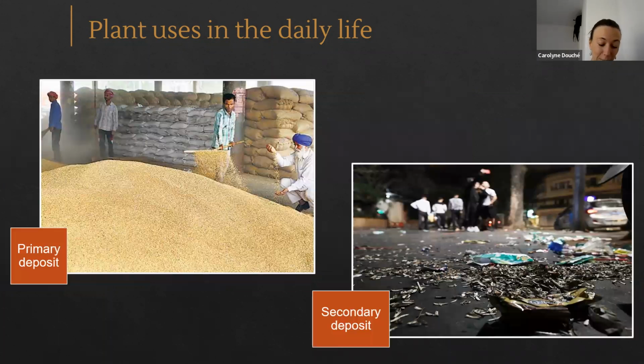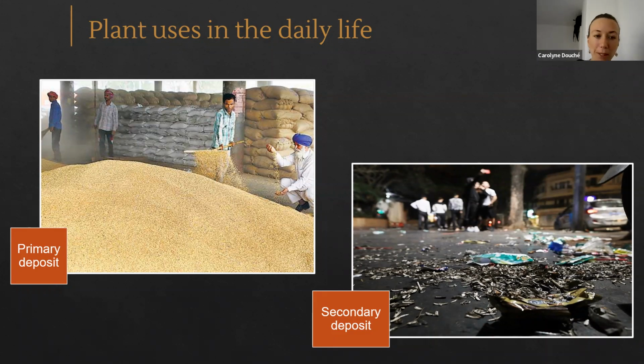So as we can see, plants can be associated with a wide range of uses, and depending on when we are catching the story, interpretation will vary. In archaeology, we will face two situations: the recovery of plants in primary deposits, meaning they will be found exactly as they were disposed or used.